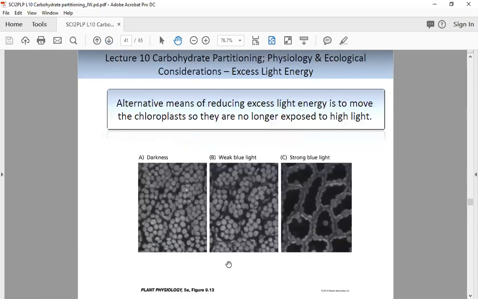In darkness and low light, the chloroplasts are positioned near the upper surface of the cells, so of course they can absorb the maximum amount of light. Look at the incredible difference under strong blue light. The chloroplasts move to the side walls of each cell where they shade each other and minimize the absorption of excess light. Quite amazing images.